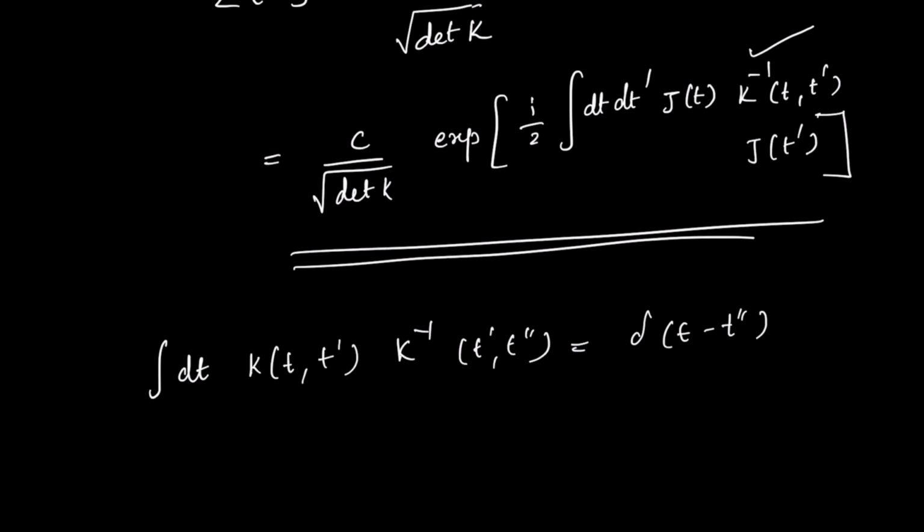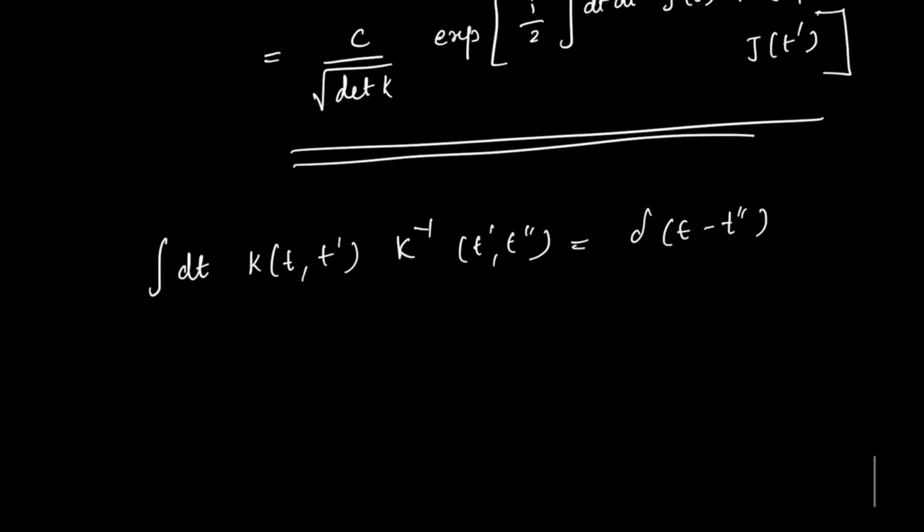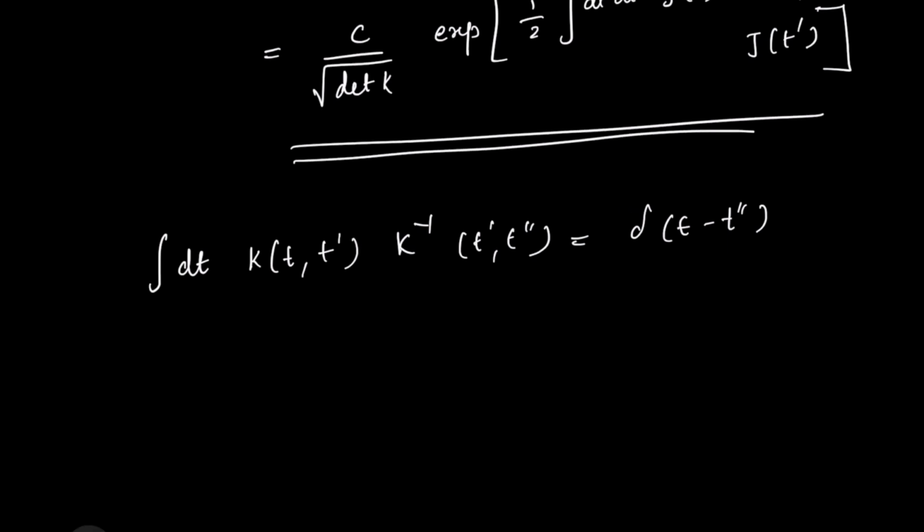A matrix which is multiplied by its inverse will give you the identity matrix. So the same rule applies here. K multiplied by K inverse must be the delta function. In this way I can define K inverse.